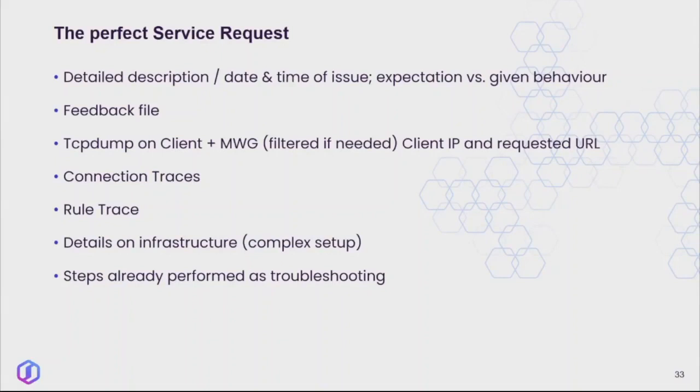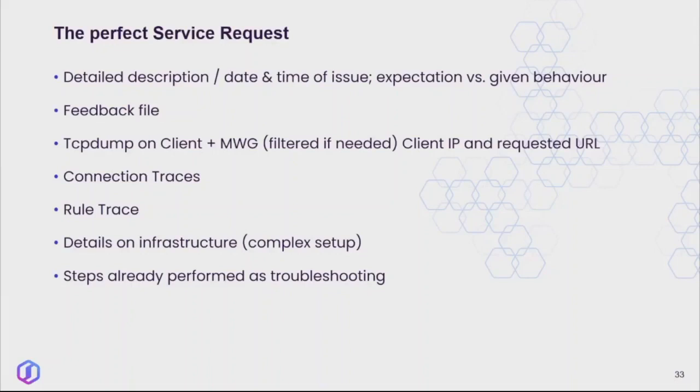We would also ask you to provide that client IP and the URL so that we can quickly filter. Otherwise, we have to try to figure that out ourselves, which is mostly possible when we have the rule traces. But if the rule traces contain other URLs, then it's not so easy for us to know which ones you're talking about. So always let us know the client IP and the URL that you're having a problem with.